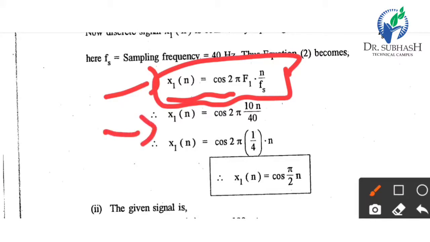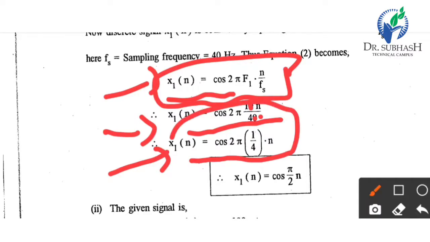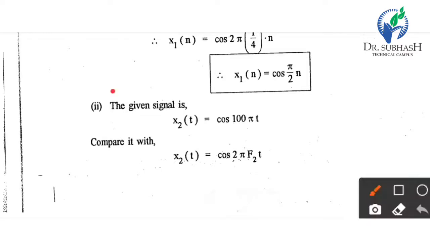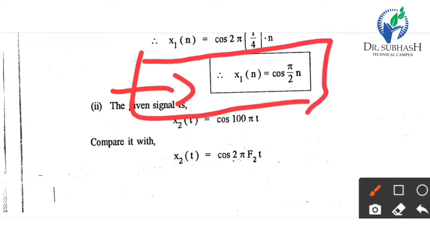So x1 of n equal to cos 2 pi 10n by 40. The zeros cancel, so x1 of n equal to cos 2 pi 1 by 4 n. By dividing by 2, we finally get x1 of n equal to cos pi by 2 n.